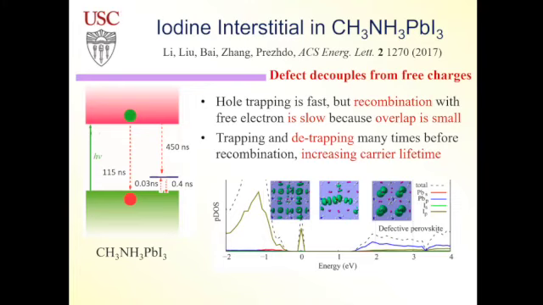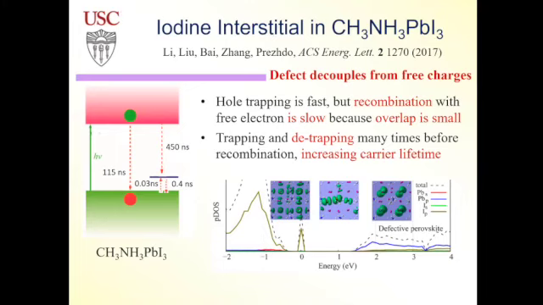When you have an extra iodine interstitial in the middle where this molecule is, it creates a localized trap state, which is shallow, but not too shallow, because to escape from this trap state back to the valence band for the hole, you need this energy gap is more than kT, almost by an order of magnitude more than kT. So even though it's close to the valence band, it's not close enough.